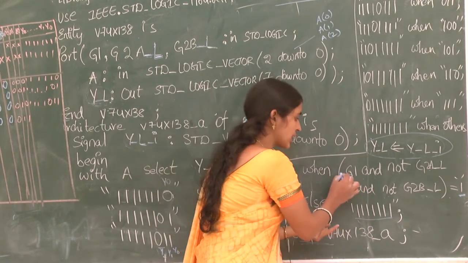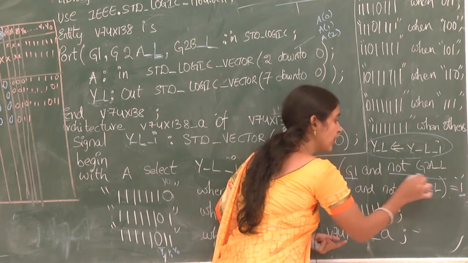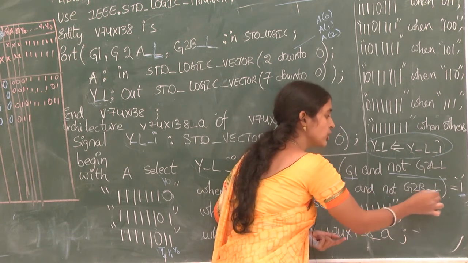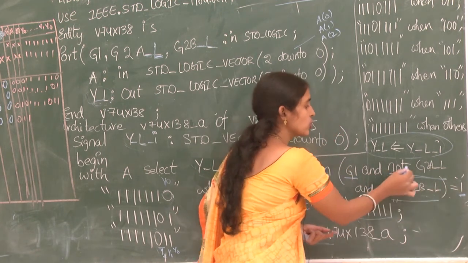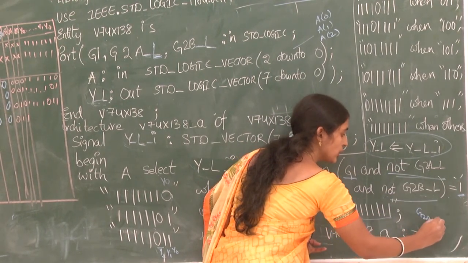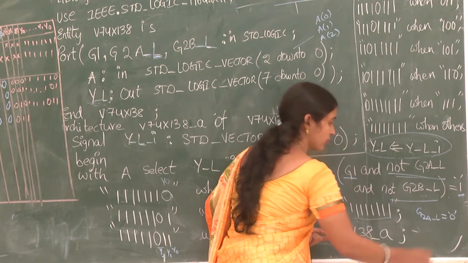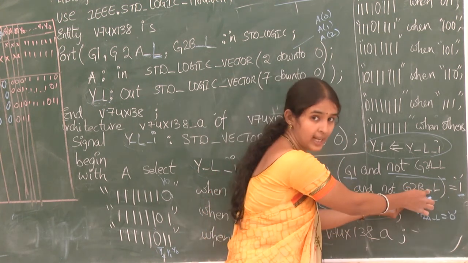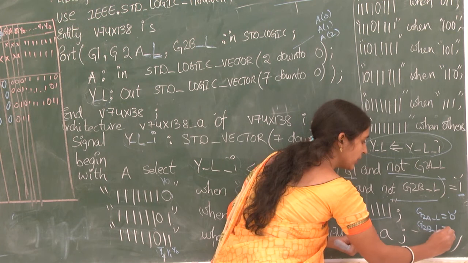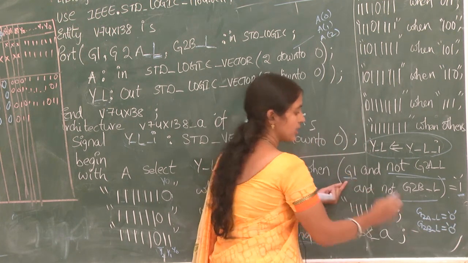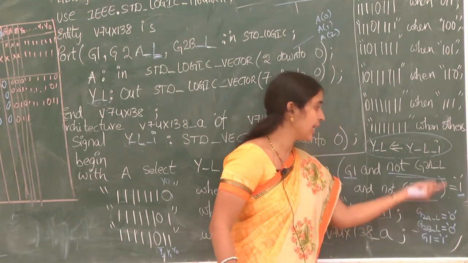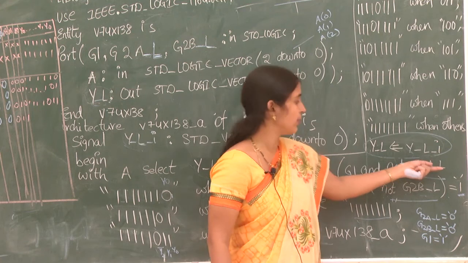G1 should be equivalent to 1, not G2A bar should be equivalent to 1, which means G2A bar should be equivalent to 0, and not G2B bar should be equivalent to 1, which means G2B bar should be equivalent to 0. If this condition is achieved, then only will the internally generated signal be assigned to your output.